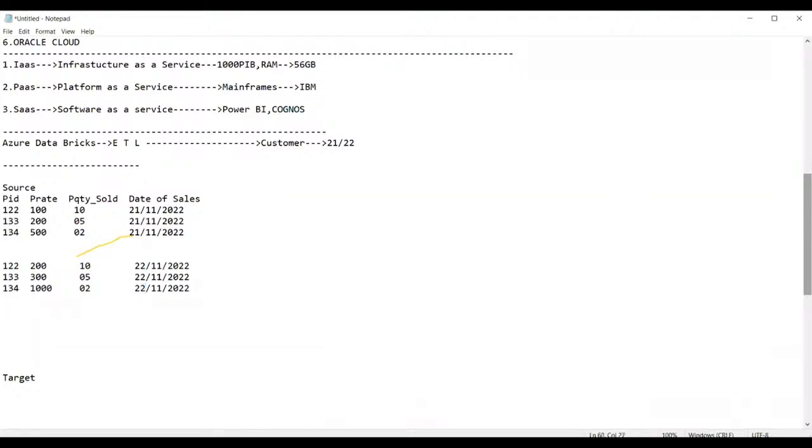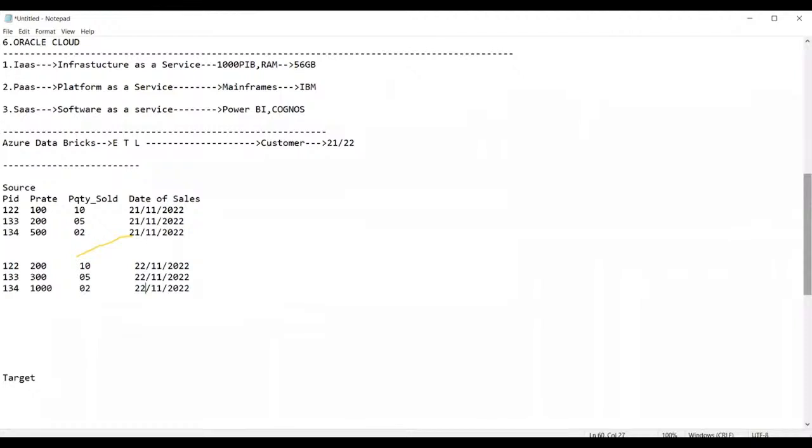Now tell me, as you have this 2 days data, the 2 days data is here or not, guys? Now tell me, is there any difference in the sales from 21st to 22nd?